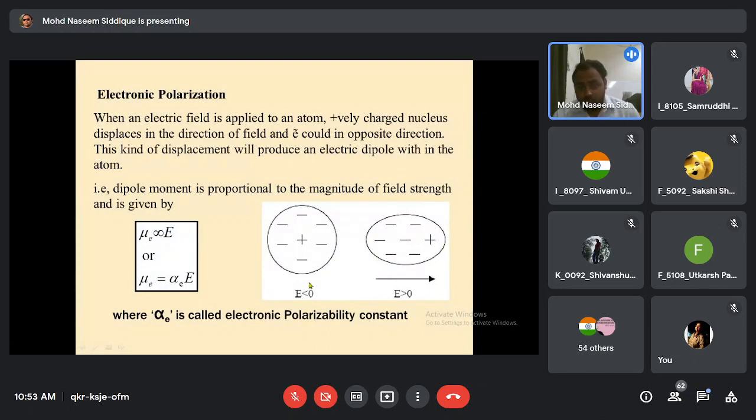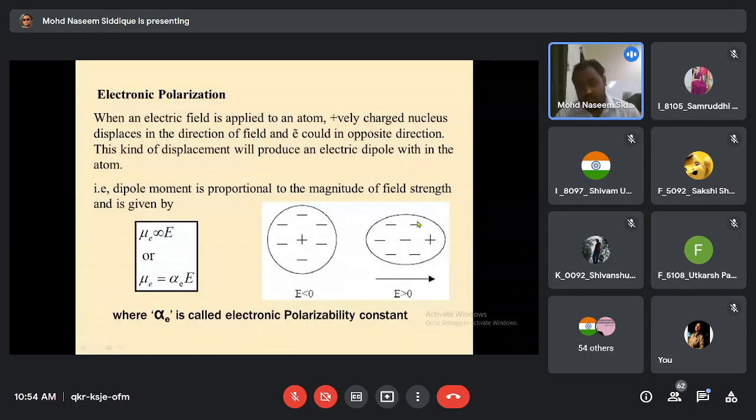Before applying the electric field, the centers of the positive and negative charge are coincident. After applying the field, the positive charge moves in the direction of the field and the negative charge in the opposite direction, hence creating an electric dipole moment.